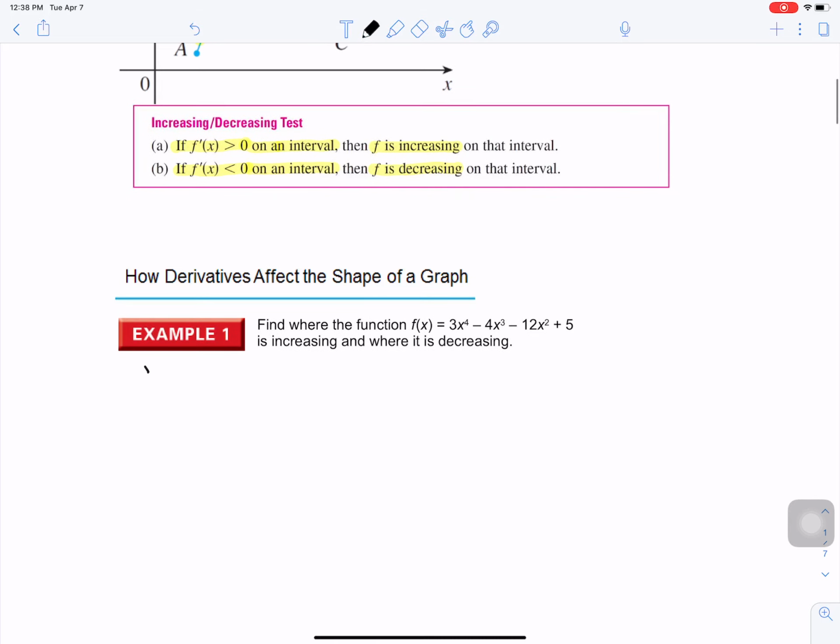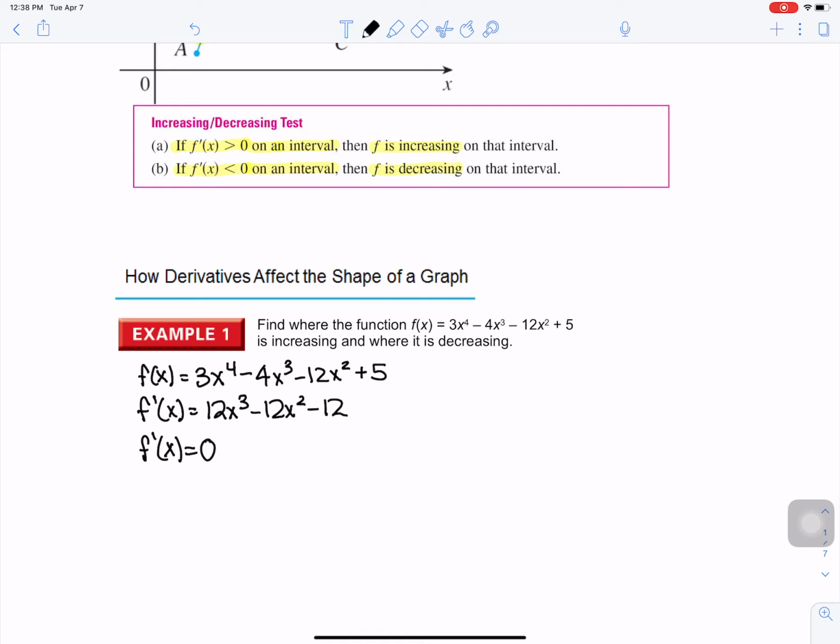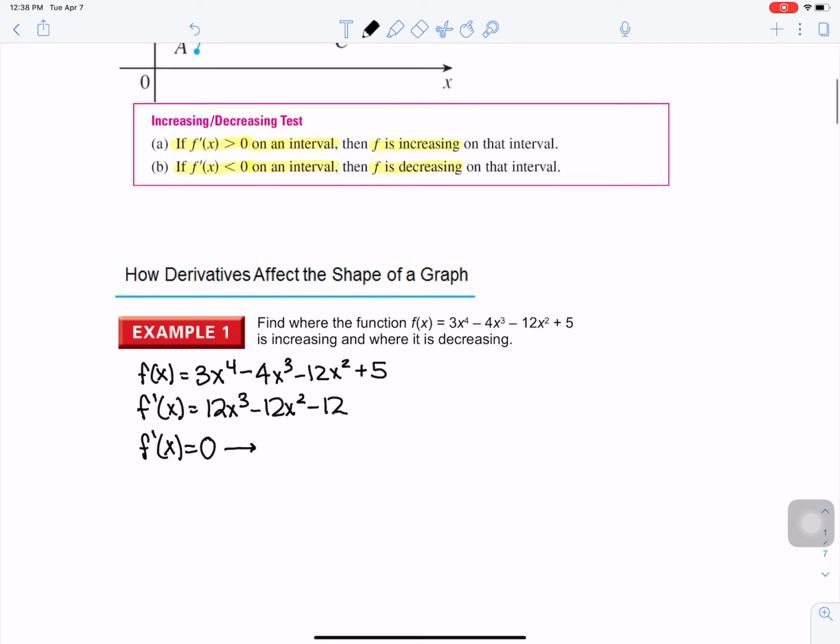Here they give me a function. It's a quartic function. So I'm going to take the derivative of the function: 12x cubed minus 12x squared minus 12. I want to set this derivative equal to 0, because those are the points where the derivative is equal to 0, and then in between those points I can figure out if the derivative is positive or negative.